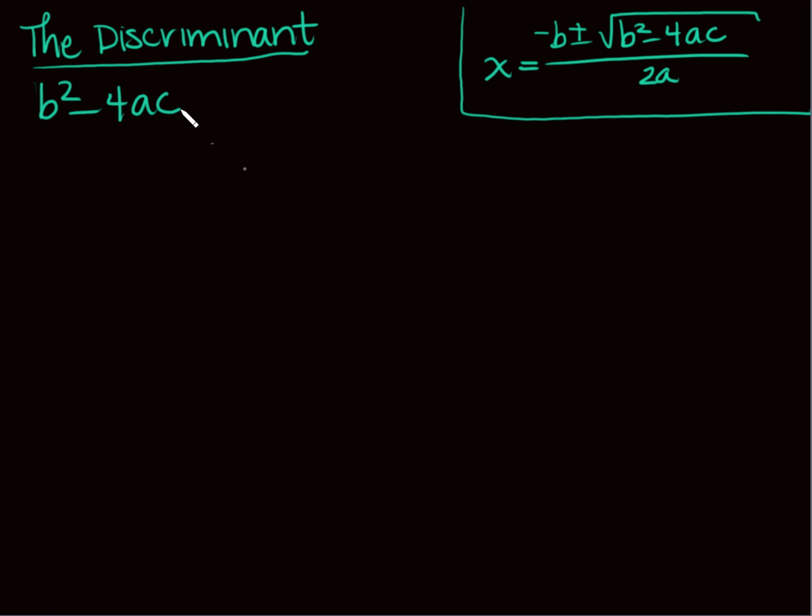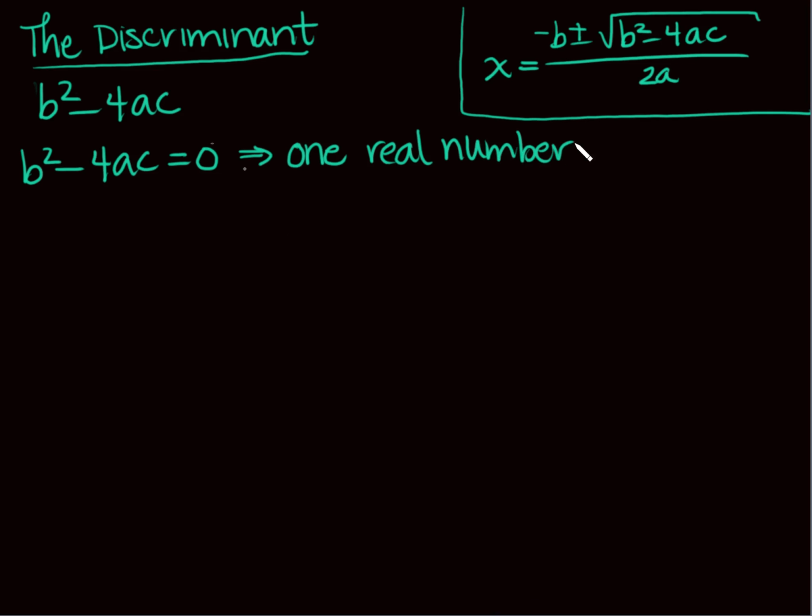And the discriminant, a couple of things. If the discriminant is equal to 0, so if I take b squared minus 4ac and it's equal to 0, then we will have one real number solution.